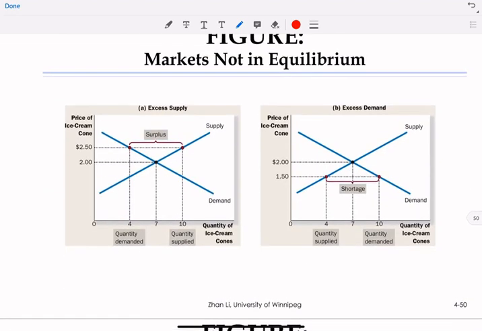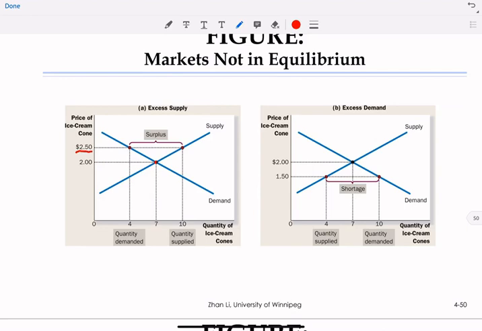So let's analyze these two pictures. For graph A, we have surplus. Now, you can see that the market equilibrium price is $2. However, if we are looking at the price of 2.5, then you can see that this is a higher price, which is higher compared with the market equilibrium price.